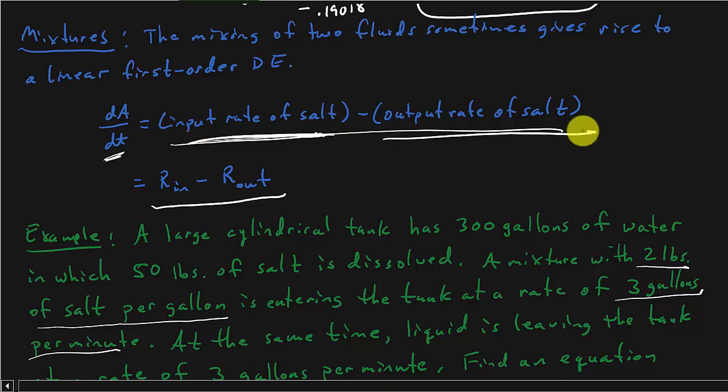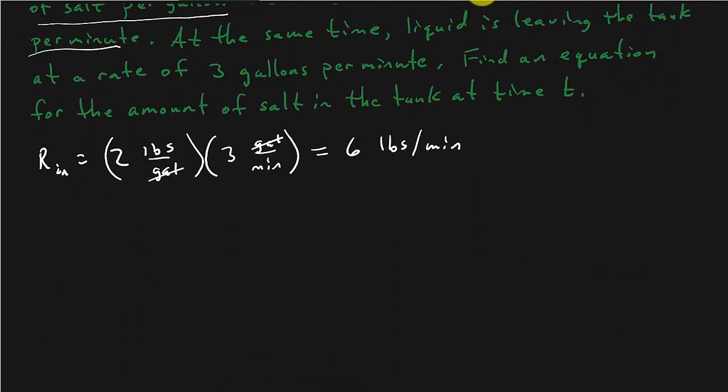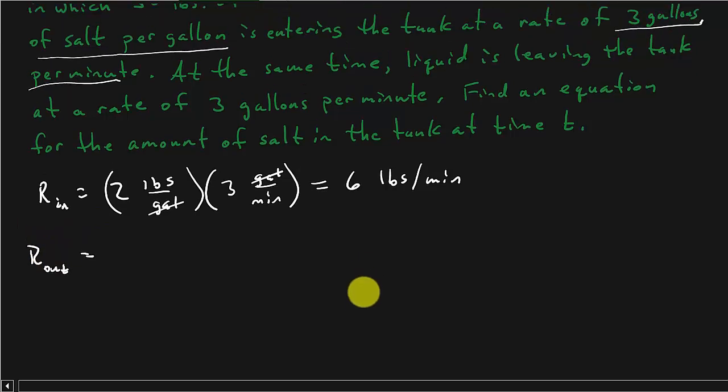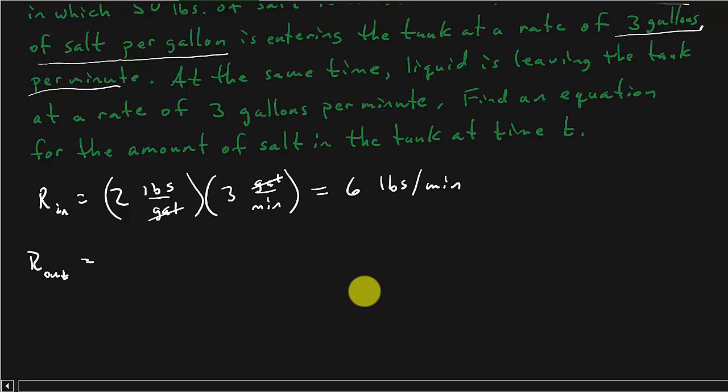Now let's look at the output rate of salt. At the same time, liquid is leaving the tank at a rate of 3 gallons per minute. That's the rate it's leaving the tank.